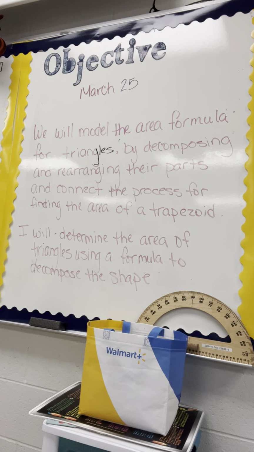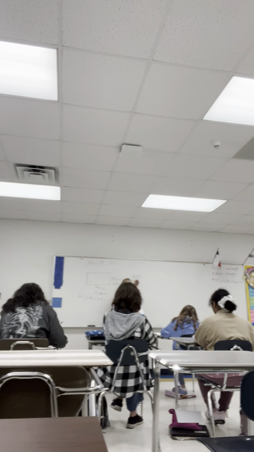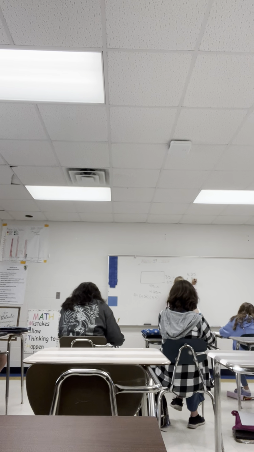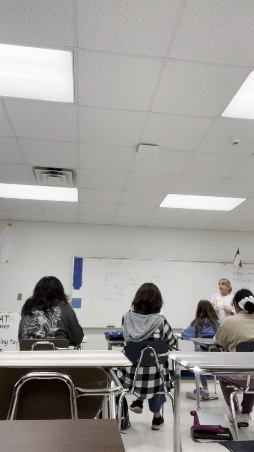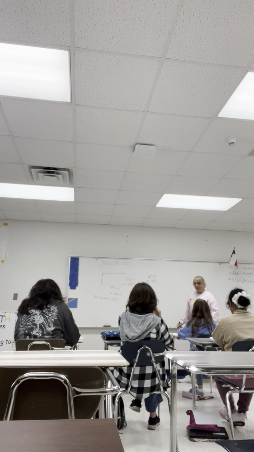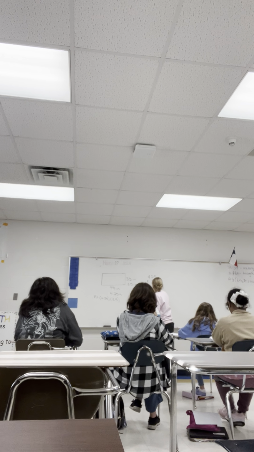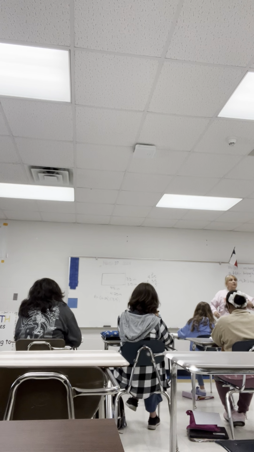So we have 4.25 times 3.5. Ignore your decimals, right? What is 5 times 5? Let's look and see.